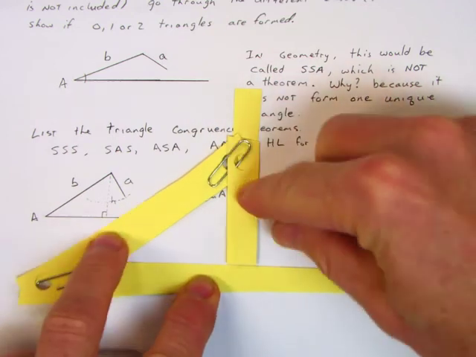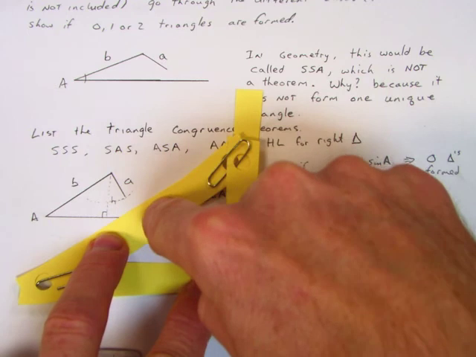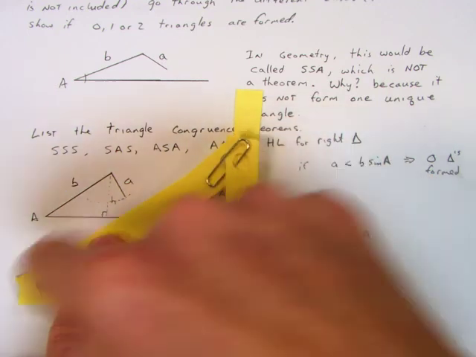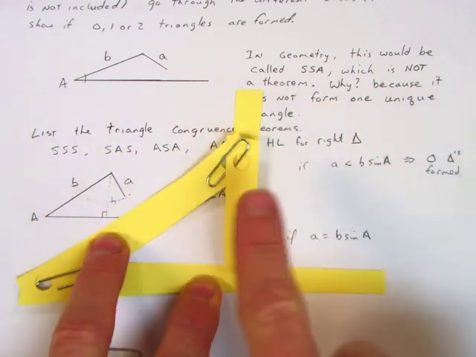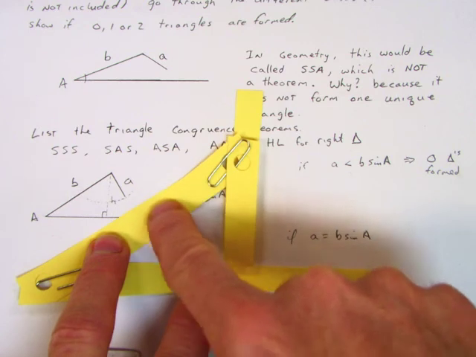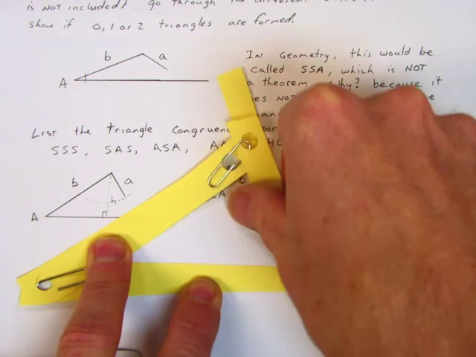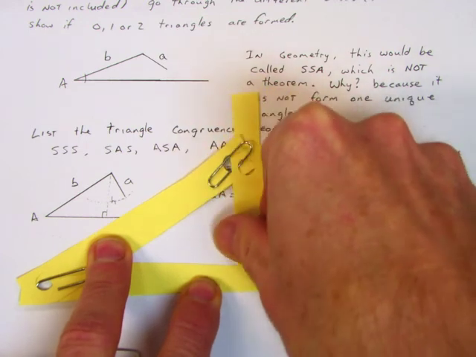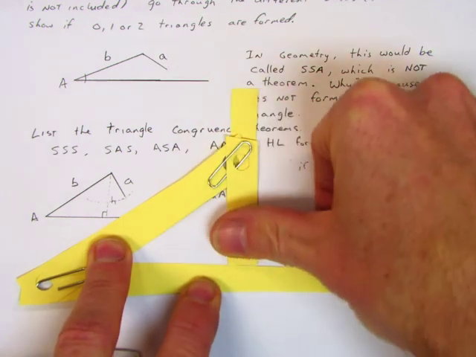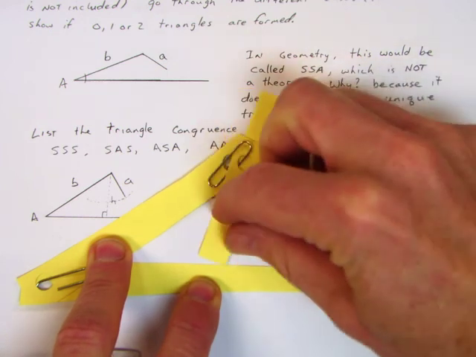Again, the hypotenuse to that angle, or the adjacent leg to that angle, is fixed, as well as this angle. So as I'm rotating this around, it's going to hit in one spot and one spot only.